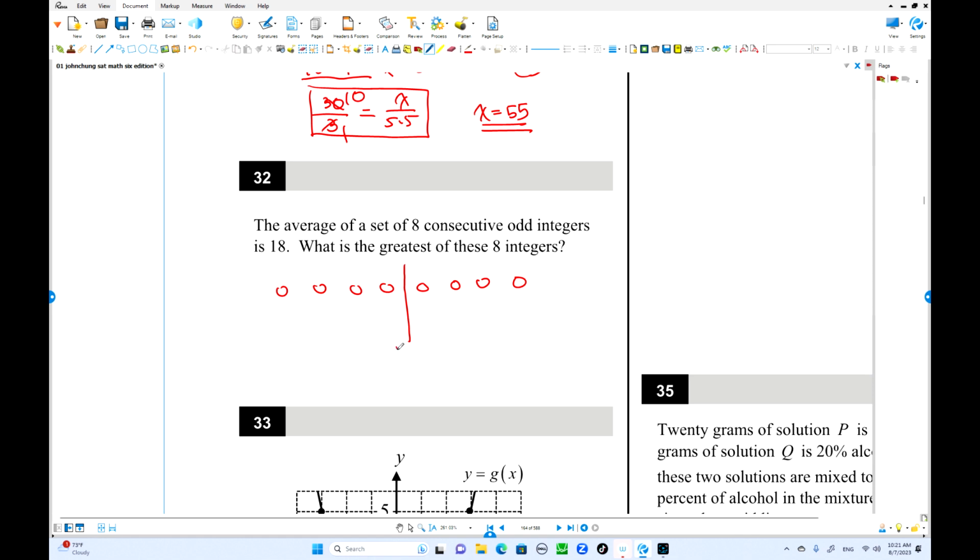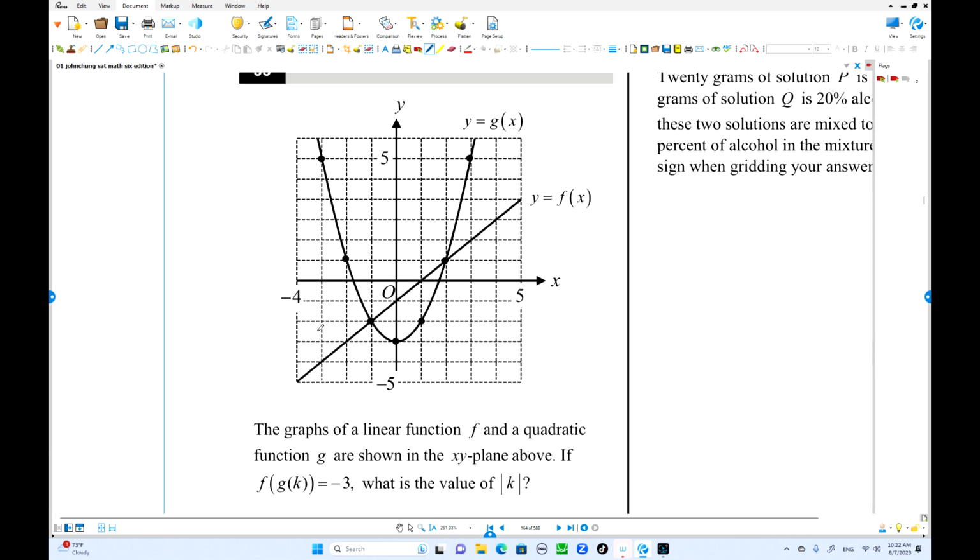The middle is the median, and the median always equals the average. Average is 18, so the middle is 18. But this is an even number, so the next number will be 19, since they are all odd numbers. The next is 21, 2 more, 23, and 25. This is the answer, the greatest number.